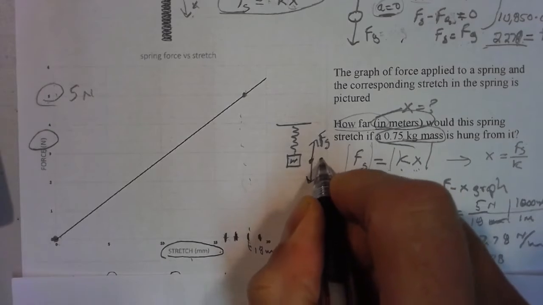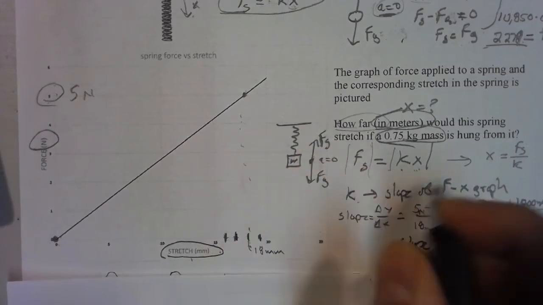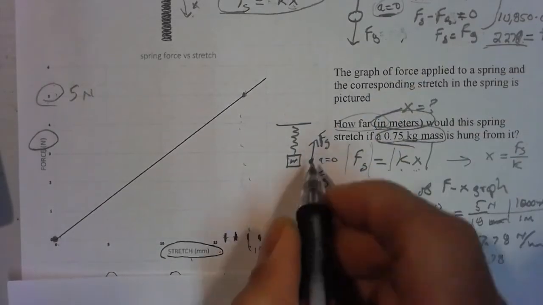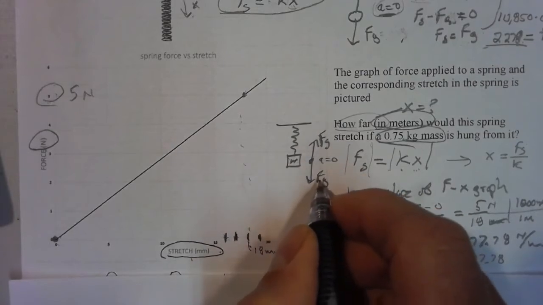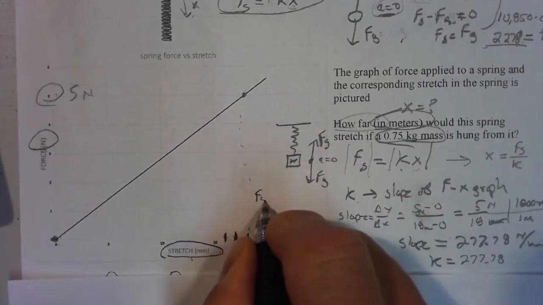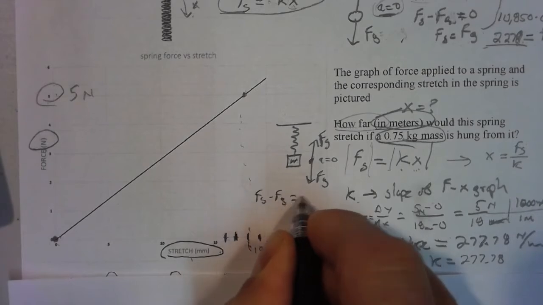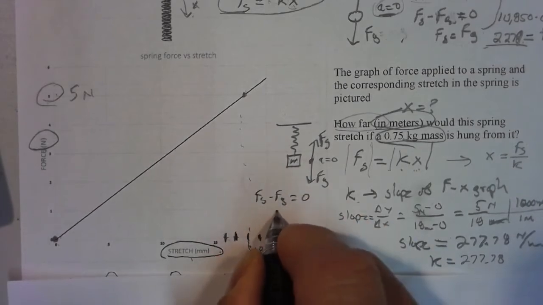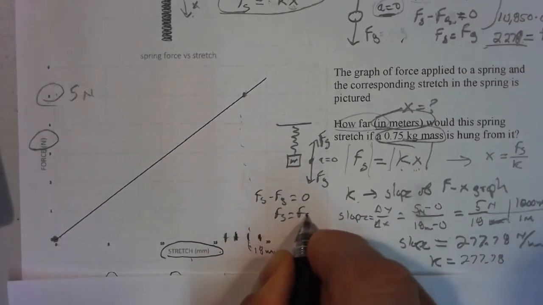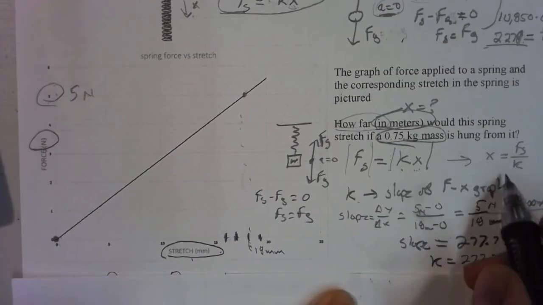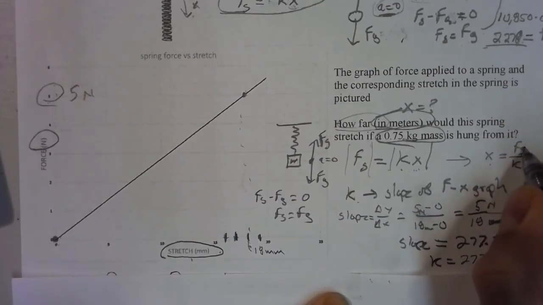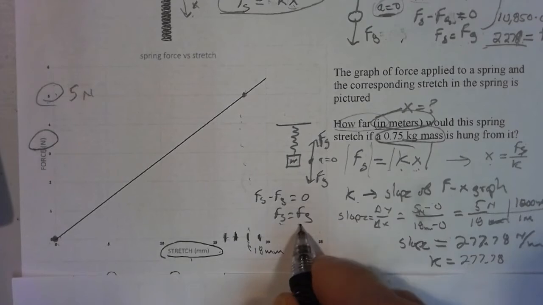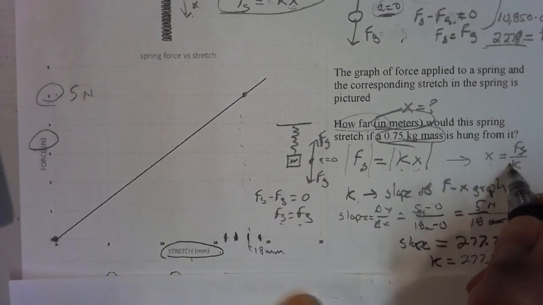It's not moving, the acceleration is 0, so as we've shown before, if it's not moving, then that spring up minus the gravity down is going to equal 0, so that spring force is going to equal the gravity. So I can plug that in up there.